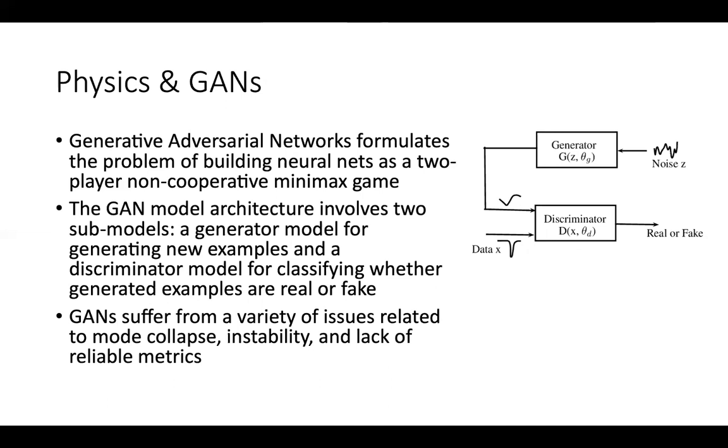Which brings us to the area of GANs. For those in the audience who may not be familiar with GANs, generative adversarial networks formulate the problem of building neural networks as a two-player non-cooperative minimax game in the sense of game theory. It has two sub parts: one is the generator, a model for generating new examples, and the other is a discriminator, which discriminates whether the example is real or fake.